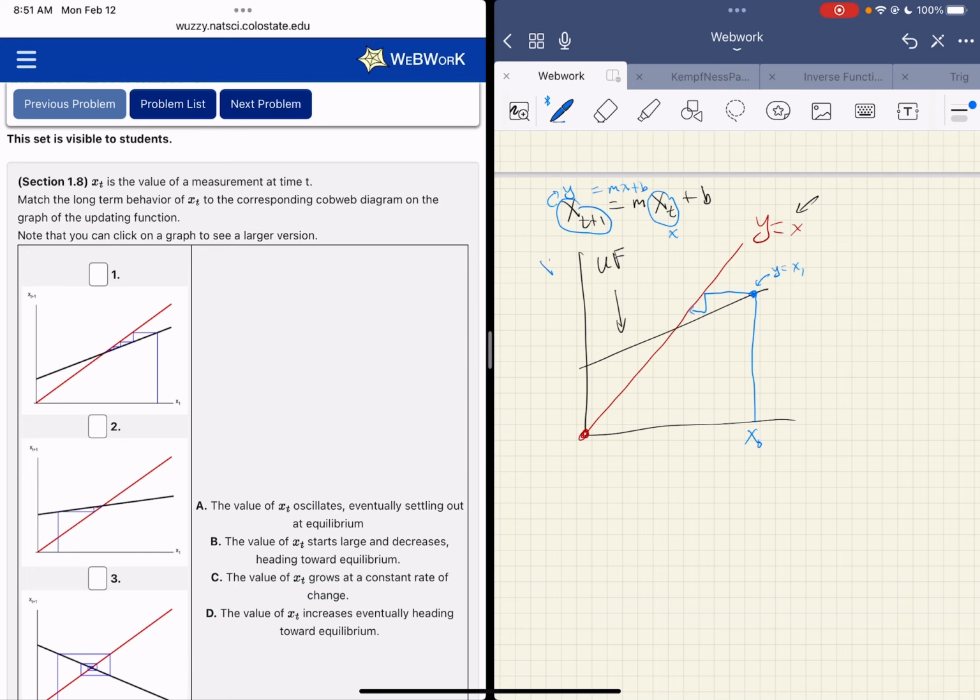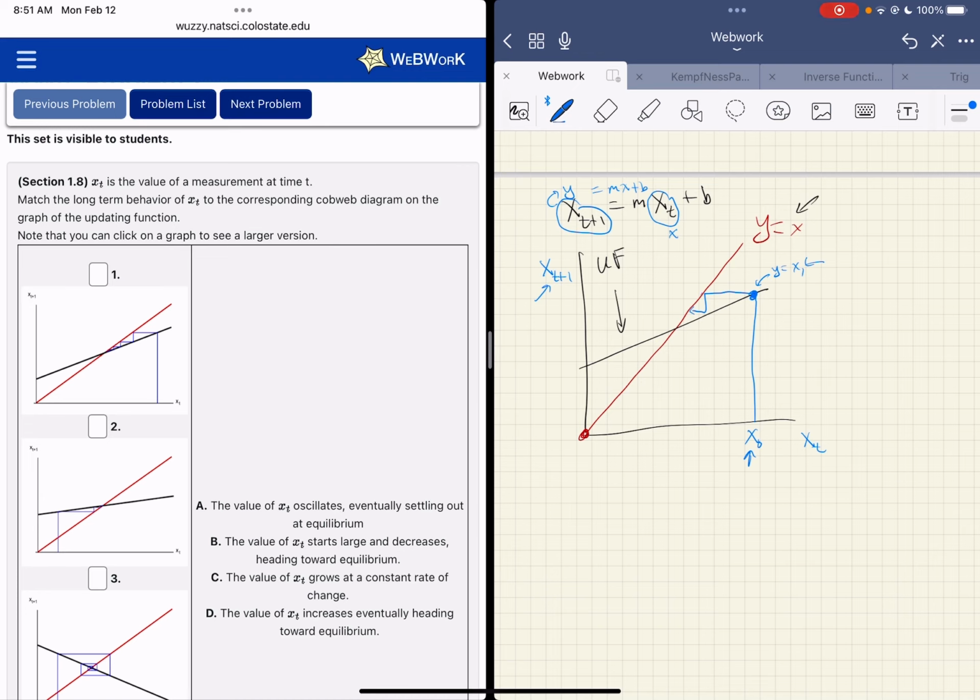So this axis is the x sub t plus 1 axis, and this axis is the x sub t. So if I feed in x subscript 0, then the output, which is the y value, is going to be x subscript 0 plus 1, aka just 1. So the output is x sub 1, and that's what this is saying.